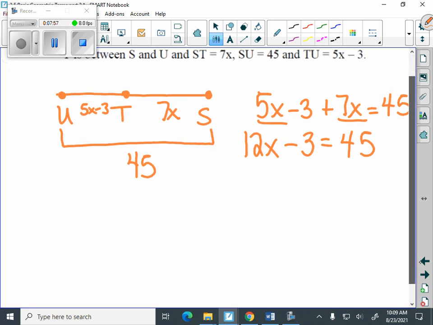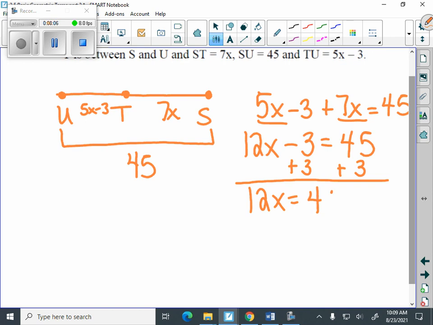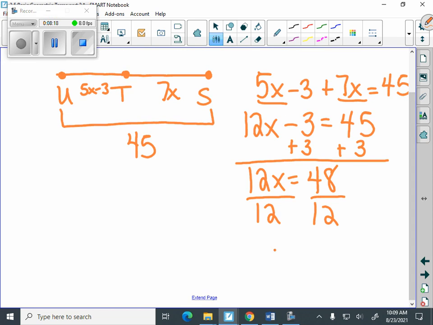Then we add 3 to both sides, so we get 12x equals 48. Finally, we want to figure out what x equals, so we divide both sides by 12. Type that into Desmos if you don't know the answer.